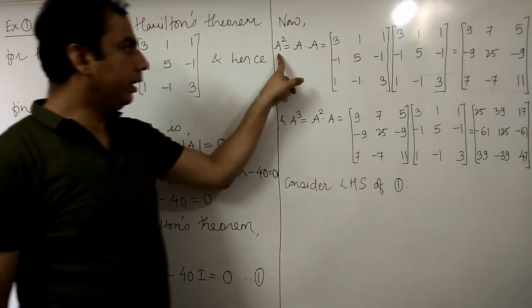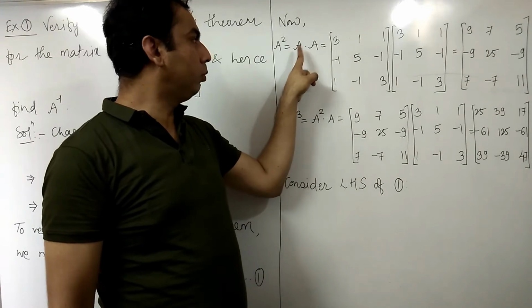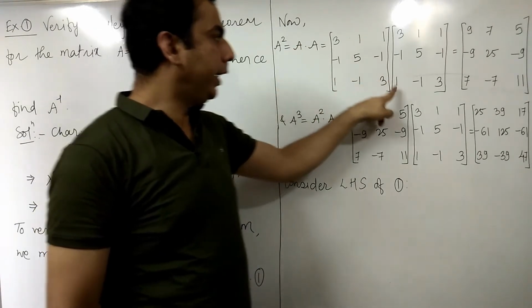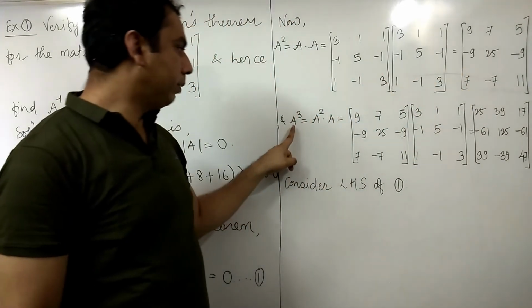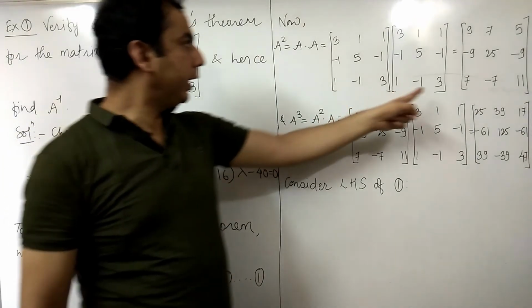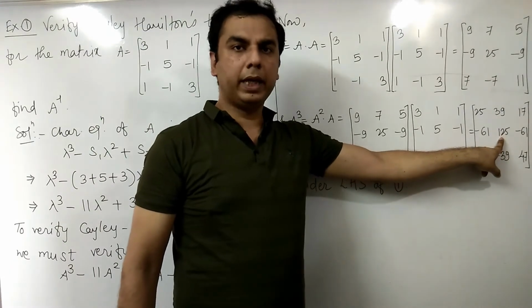A square is nothing but the product of matrix A two times, A into A, which is given by this matrix. Similarly, A cube will be A square into A.